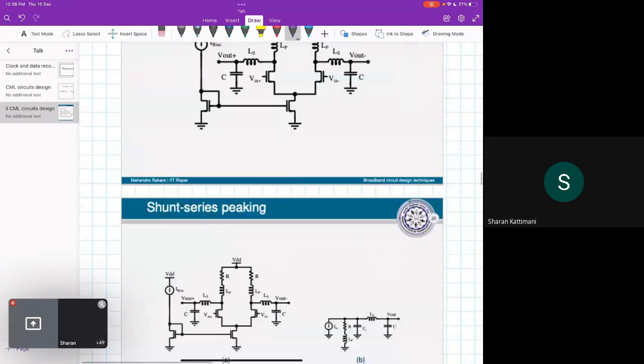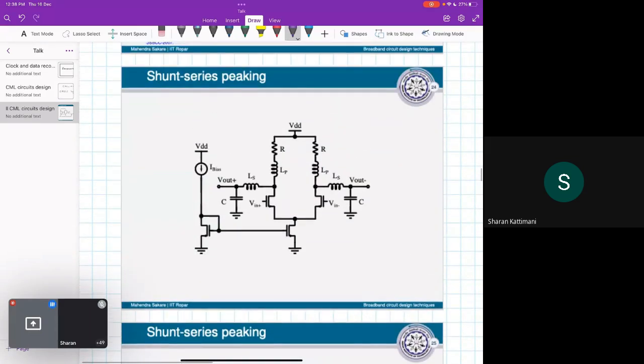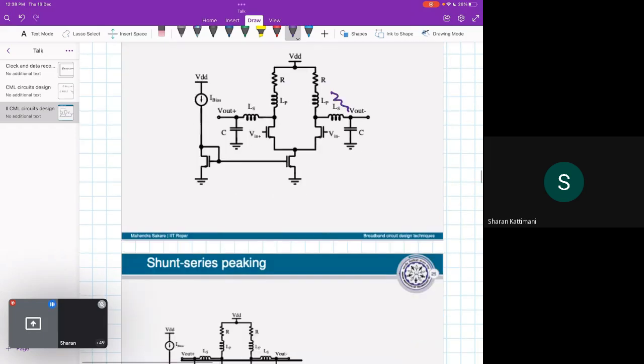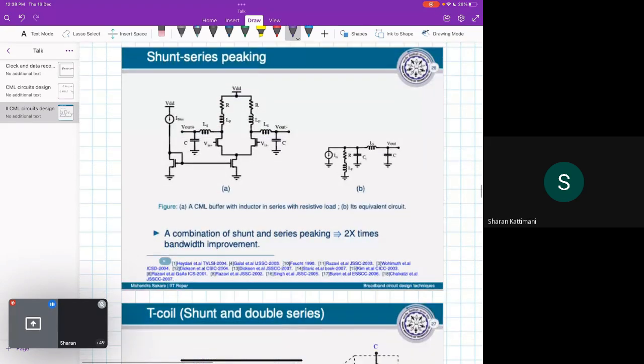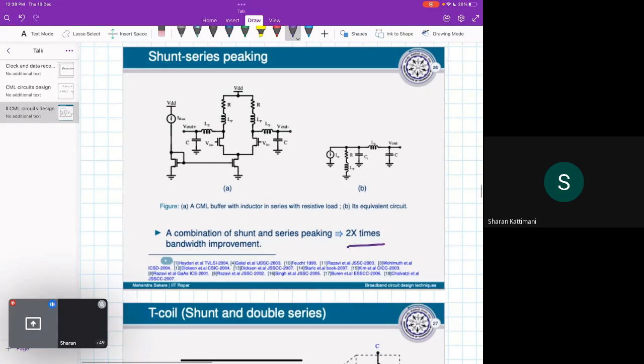Okay, and as we have done shunt and series peaking, can we further improve the speed by connecting both? So sometimes this is also done, but again a huge area penalty will be there. But you will get approximately 2 times bandwidth improvement. So for example, sometimes you want speed even if you have to consume more area.